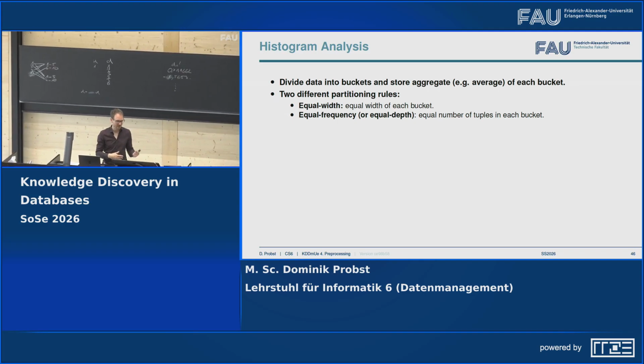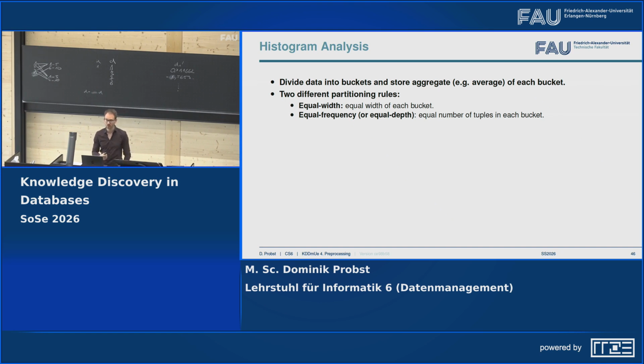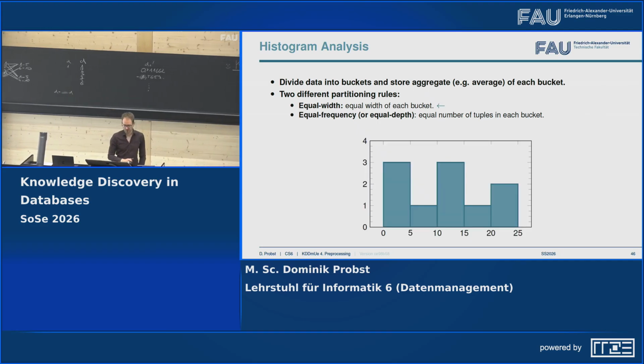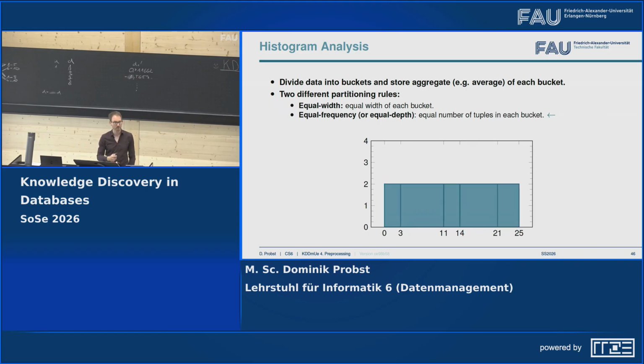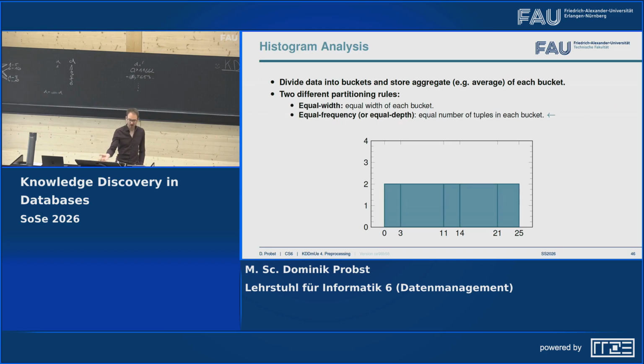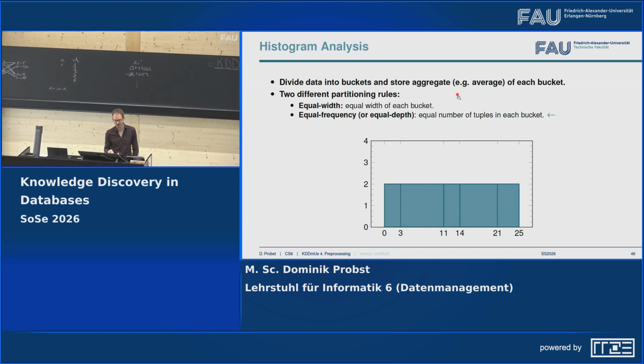Most often with histograms we use equal width, but equal frequency is something we also sometimes use. So this would be equal width and this would be equal depth partitioning. If we now have these things defined, we can only store the aggregates of each bucket and therefore reduce our numerosity.